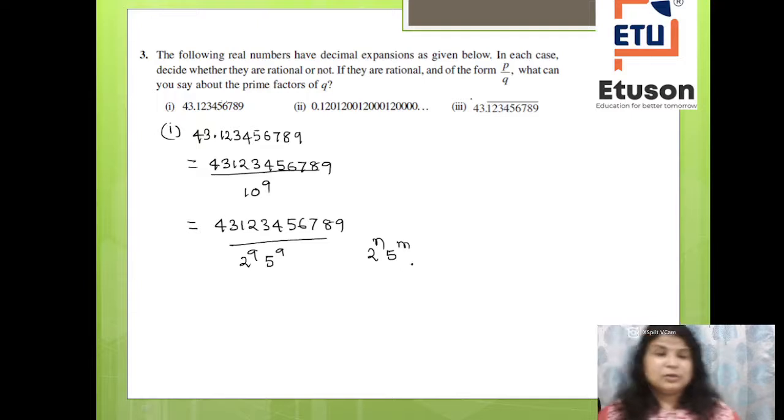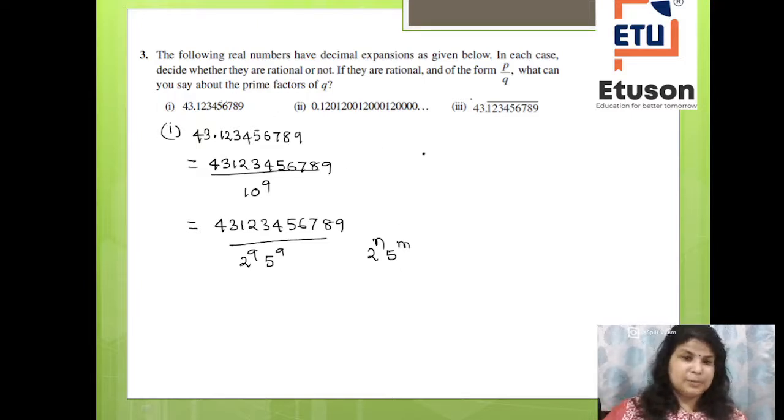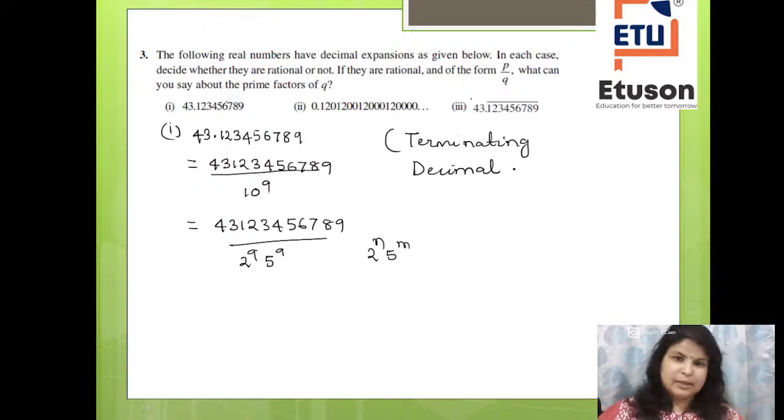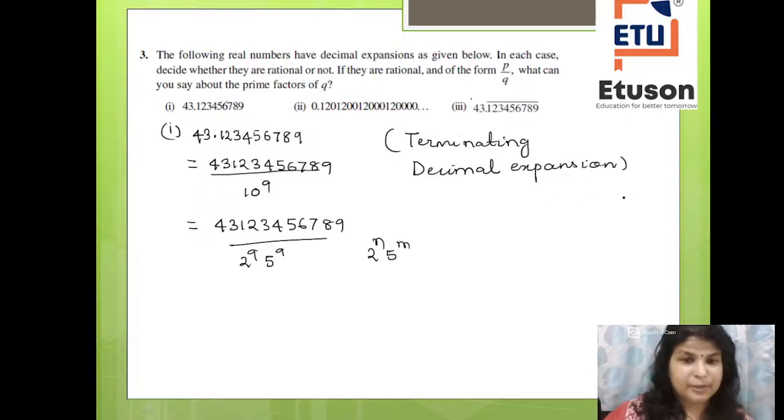Correct or not? So it is what kind of decimal expansion? It's a terminating decimal expansion. Terminating decimal expansion. If it is a terminating decimal expansion, what can you say about the prime factor of q?